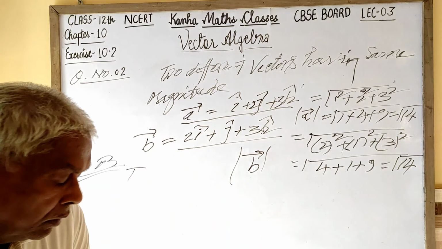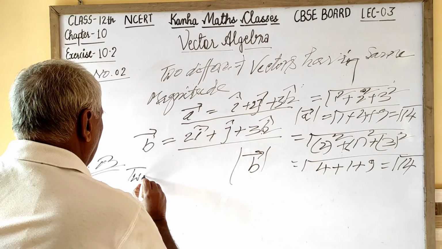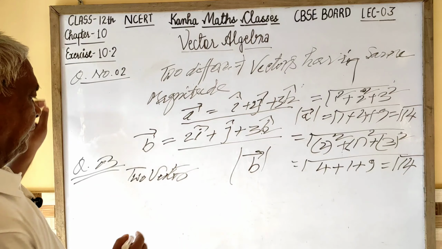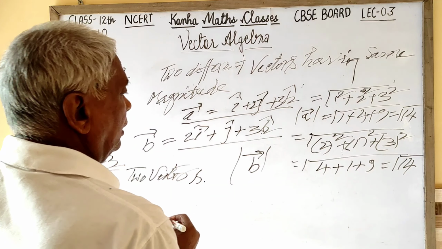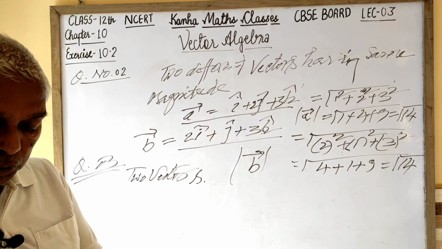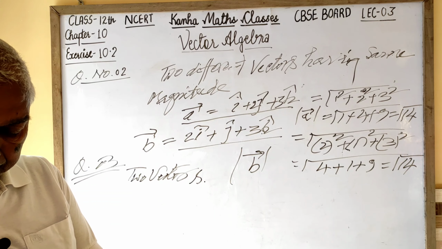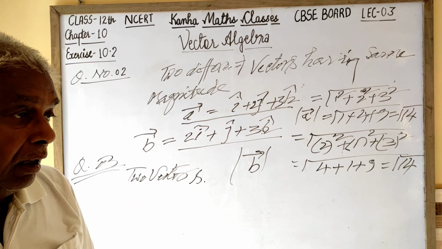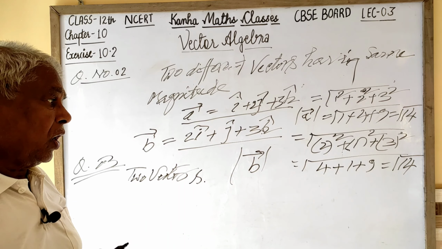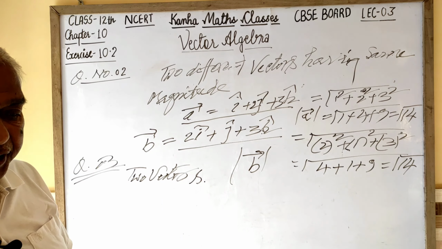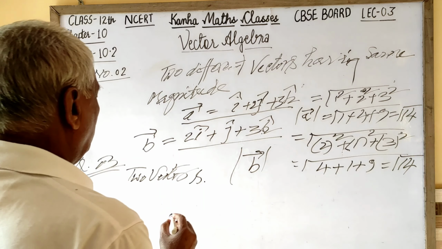Two vectors having the same direction, either the same direction ratio or direction cosine, but different magnitude.